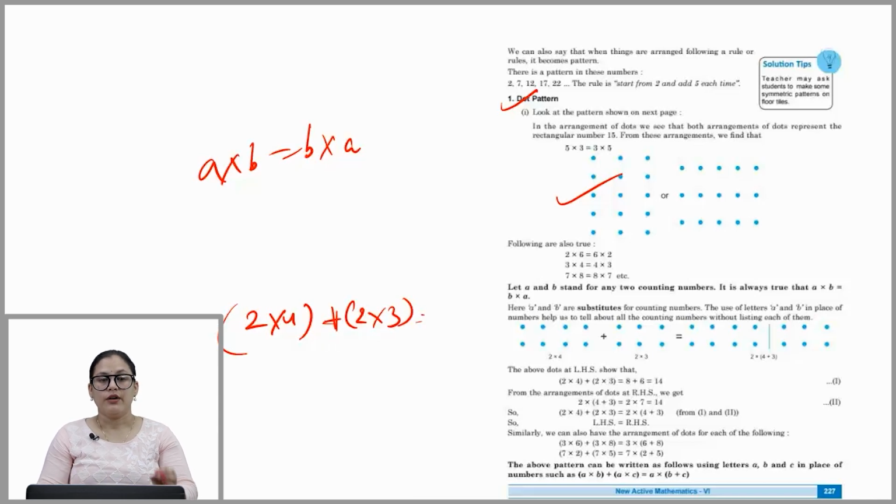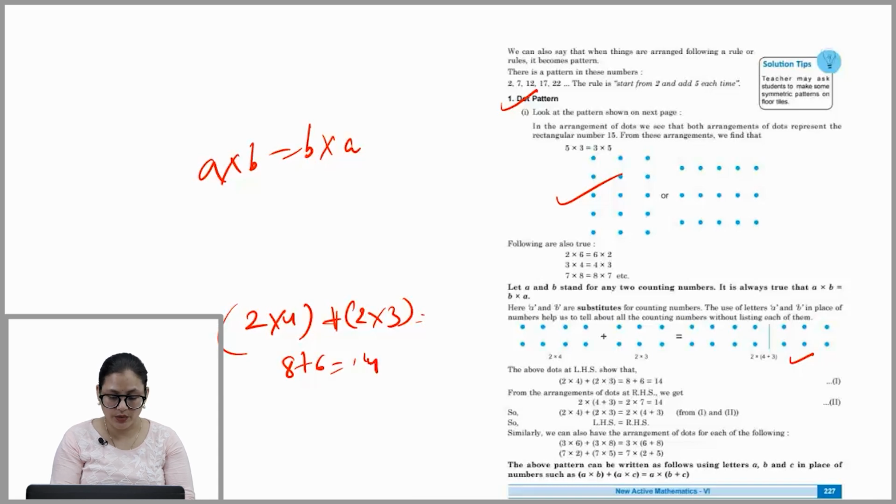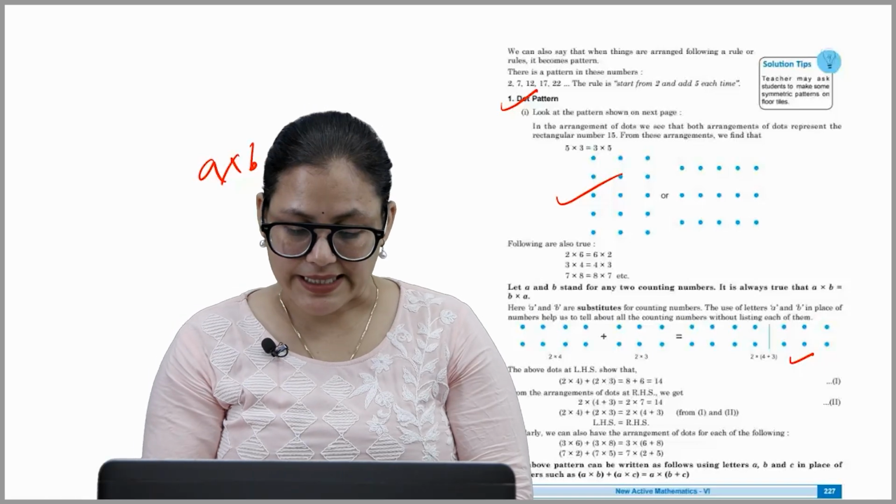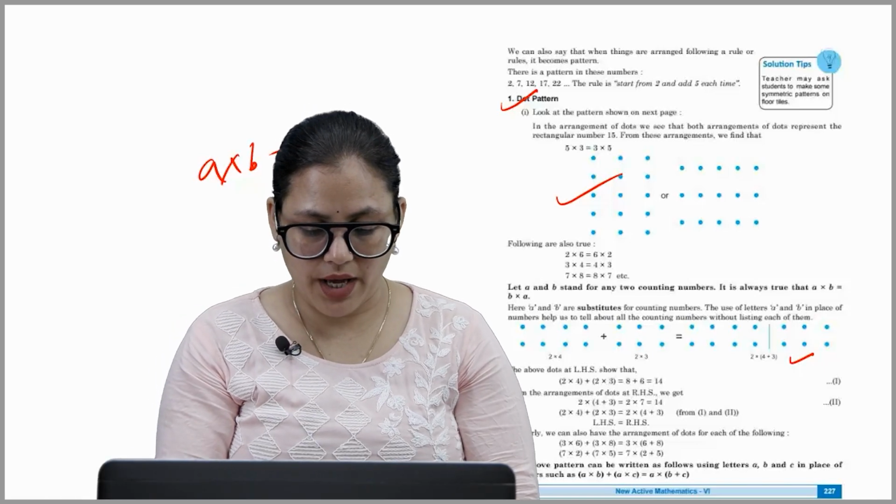From the arrangement of dots at the RHS, that is the right hand side, what do we get? We'll calculate first. 8 plus 6 is equal to 14. Now the arrangement at the RHS is 2 into (4 plus 3), which is equal to 2 into 7, that is 14. Right. So that means LHS is equal to RHS.